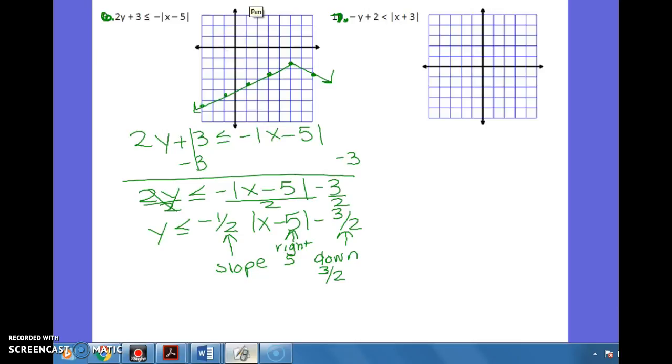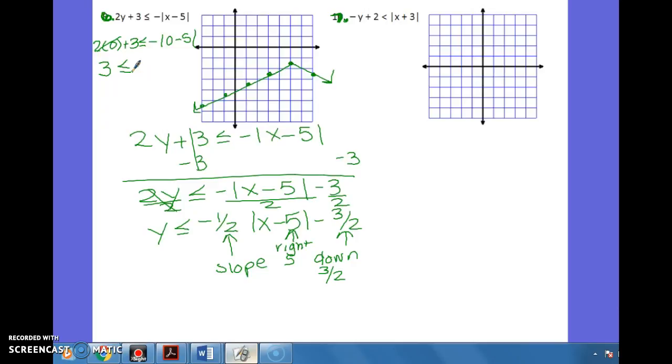So plug 0 in. So 2 times 0 plus 3 is less than or equal to negative the absolute value of 0 minus 5. What's 2 times 0? 0. Plus 3 is 3. So is 3 less than or equal to, what's 0 minus 5?